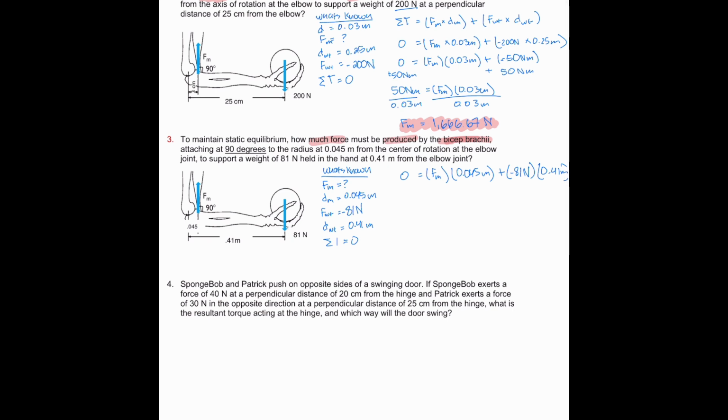So 0 is equal to, we just keep this here since we haven't touched this much. But this one we can plug into our calculator, and we would get negative 33.21 newton meters. Now we do the same thing, move it to the other side to get the force of the muscle by itself.